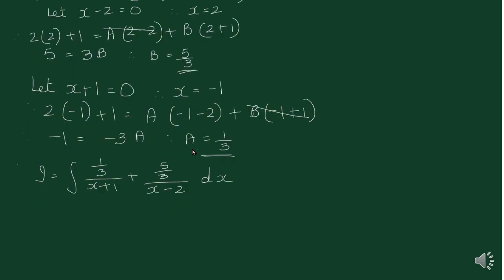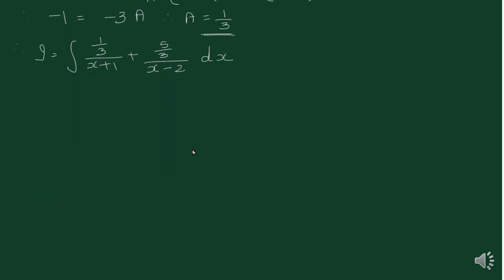Now we separate out the integrals, and therefore we are going to get 1 upon 3, the integral of 1 upon (x + 1) dx, plus 5 upon 3, the integral of 1 upon (x - 2) dx.